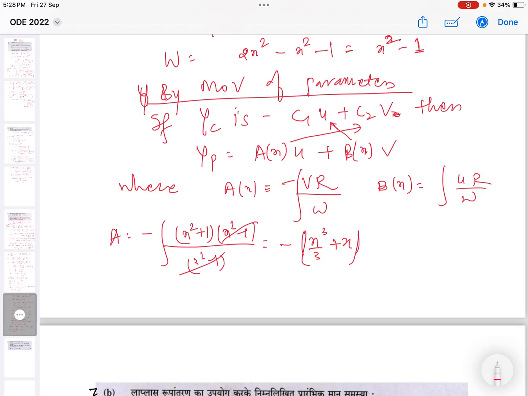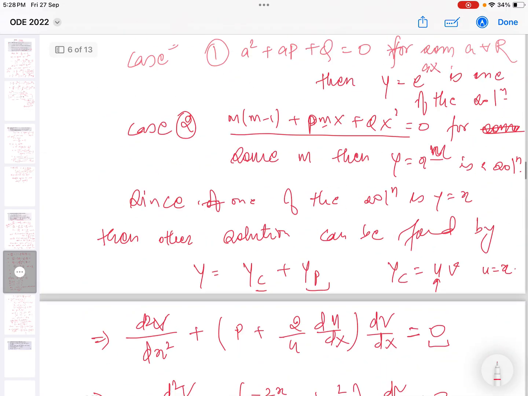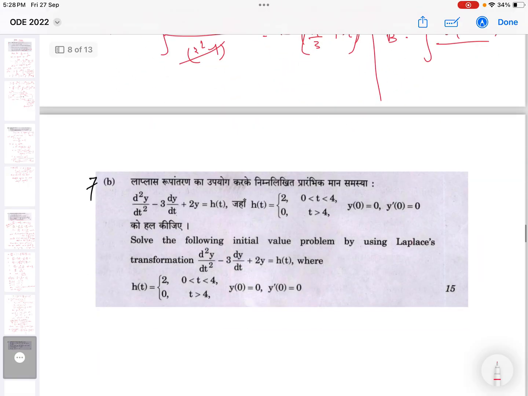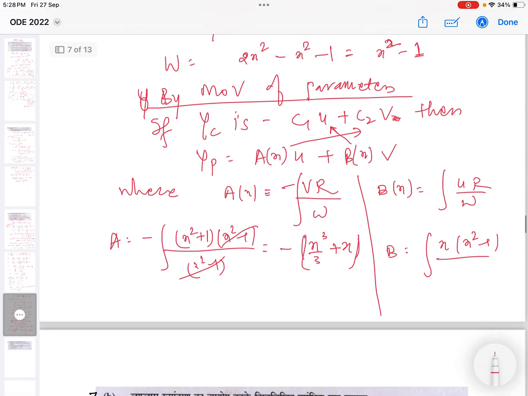This is A. B would be u was x, r is x squared minus 1, I think we are correct now, yeah, over w, and x squared plus 1 over x squared minus 1, this becomes x squared by 2.